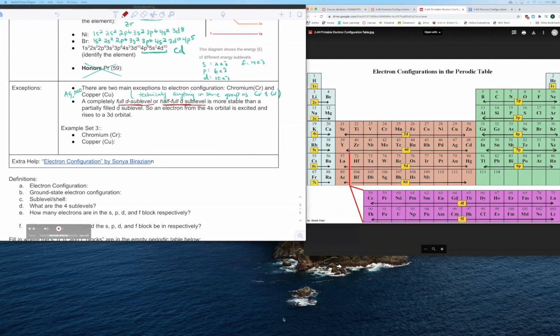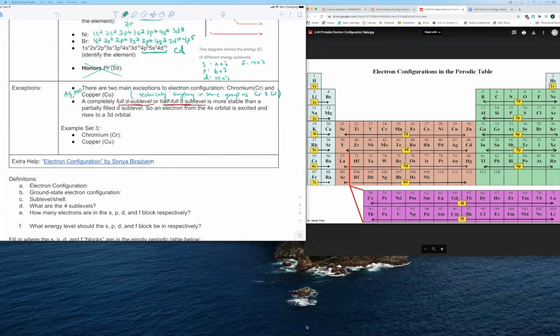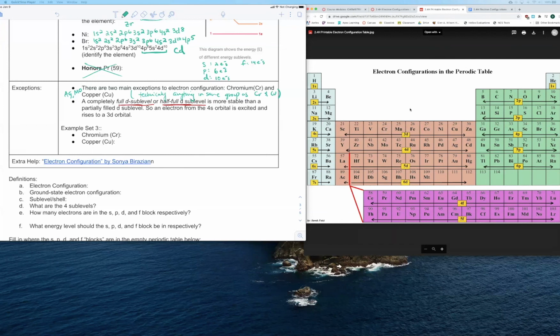So let me go over chromium and copper. I'm going to write down the electron configuration for these 2 like they're supposed to be normally. So I would have 1s2, 2s2, 2p6, 3s2, 3p6, 4s2, and then this would be 3d 1, 2, 3, 4.